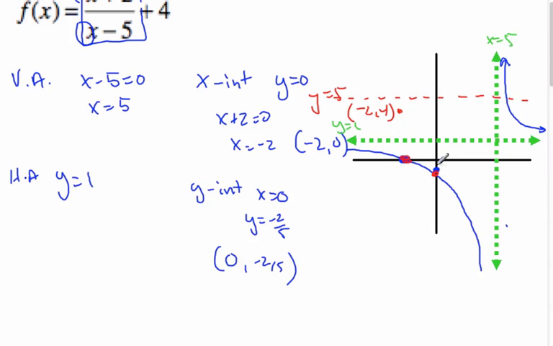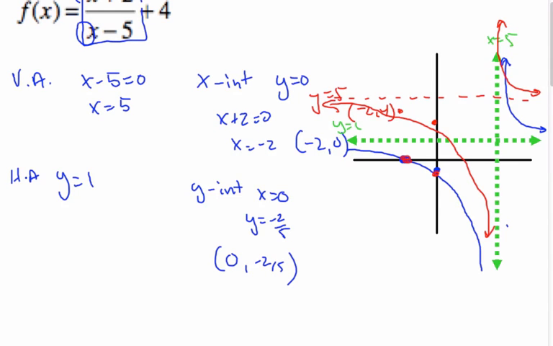This point here will move up 4 and will be here. And so I get this graph there. The red graph is my graph. And this one here will also move up, and so I end up with that. That's my graph, the red graph.